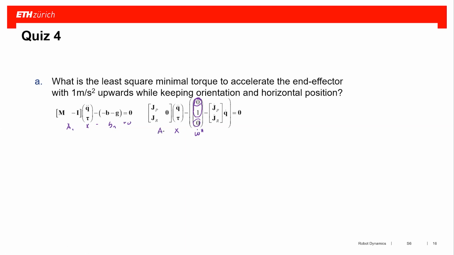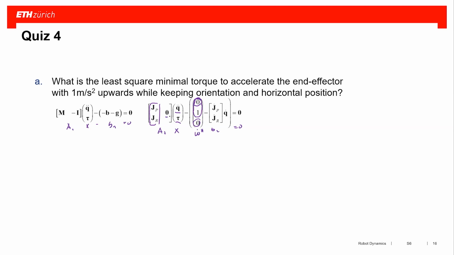So I have my A2 times X minus P2 equal to 0. And as you see in this A vector here, because we have a stack of Q double dots and tau, we have now here the end effector Jacobian in the first part of the matrix, which selects then the right Q double dots. And we have a 0 for the torques, because this linear constraint that I have here is independent of the torque.